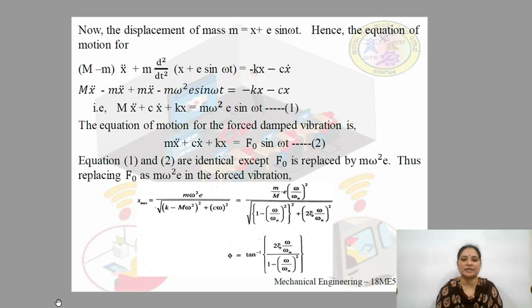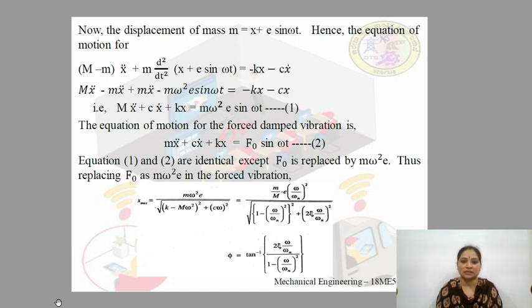Now the displacement of the mass m is given as x plus e sine omega t. Hence the equation for the motion will be (M minus m) x double dot, because the non-rotating mass is M minus m, so M x double dot can be written as (M minus m) x double dot plus m d square by dt square of (x plus e sine omega t).